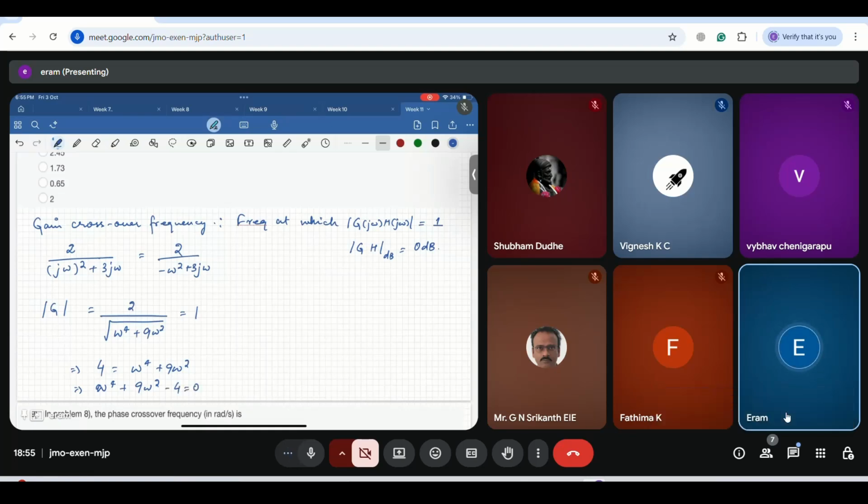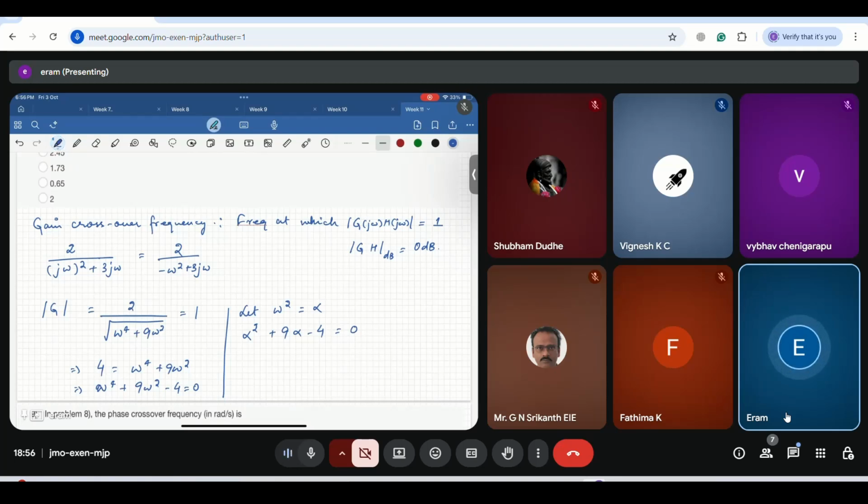So this is your fourth order equation. How can you solve it? Let omega square equal to, let's call it alpha. So your alpha square plus 9 alpha minus 4 equals to 0. So this becomes your quadratic equation.